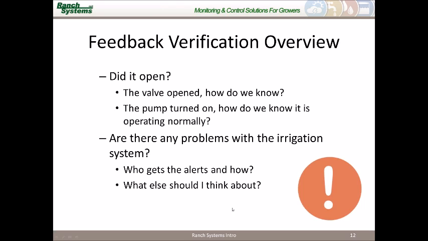And what else should I think about? It's also a good idea to keep in mind that while our system is an automated approach to controlling irrigation, a manual in-field physical damage control, if anything should happen to any equipment, is always a good idea.